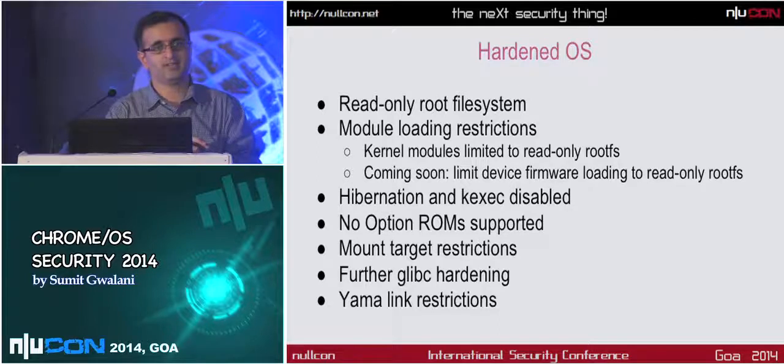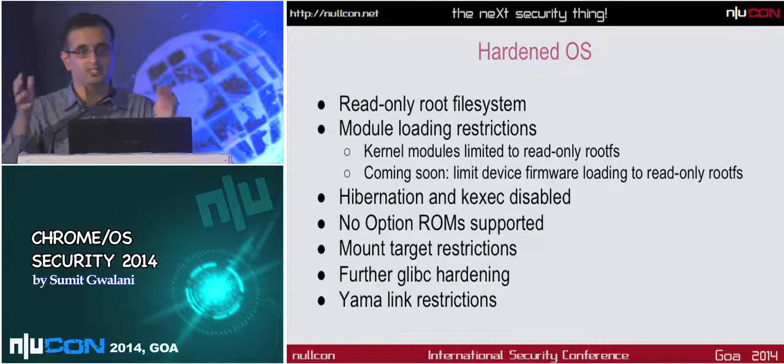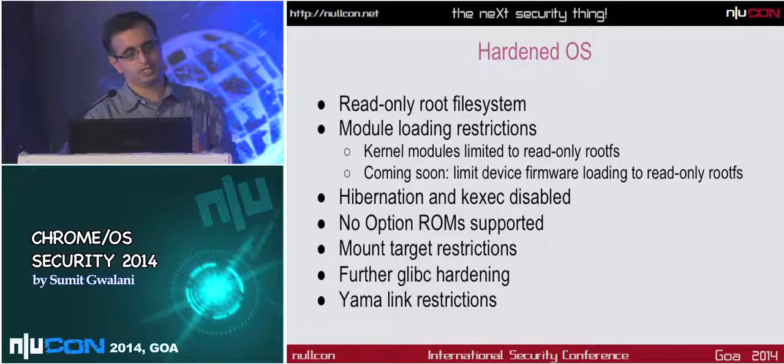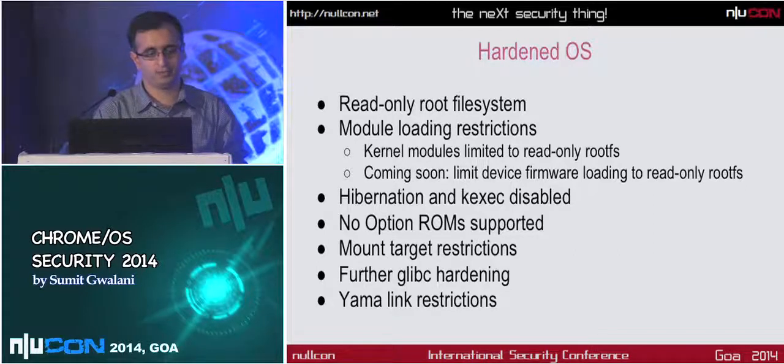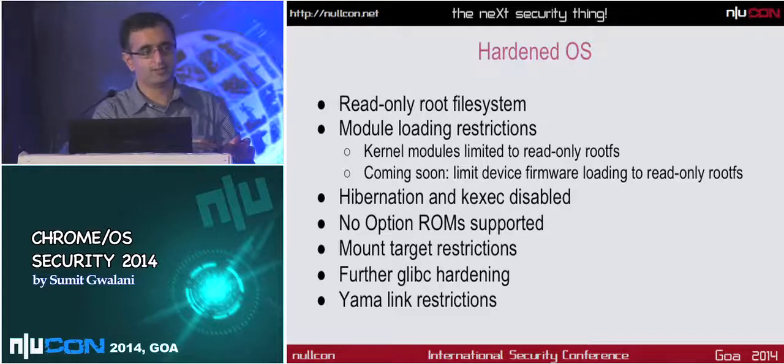The idea was to ensure that we have a completely read-only root file system. Most users, once the operating system is done, don't need to go ahead and modify or make changes to your core where the OS is. So you can make it a read-only root file system. You can also ensure that if kernel modules are loaded, they are not loaded on the fly by an attacker, but they are only loaded from the read-only root file system. Right?